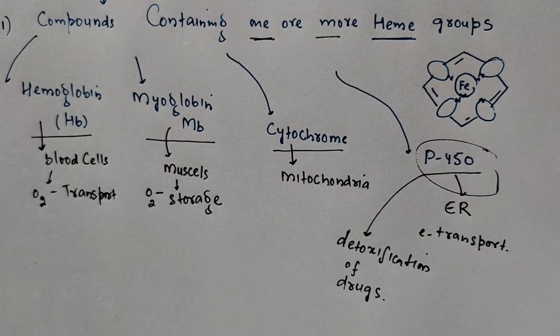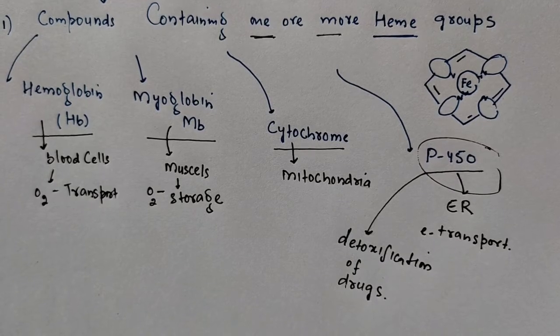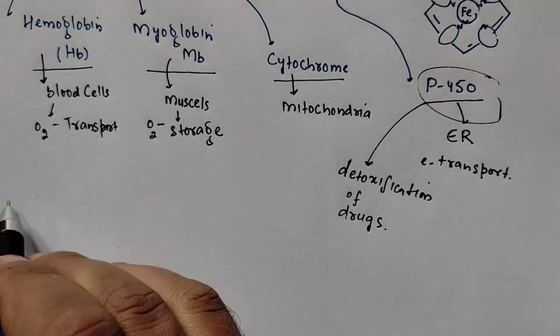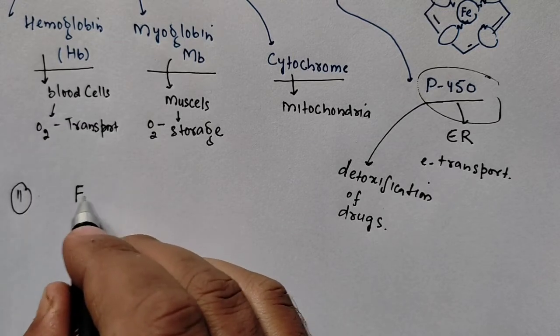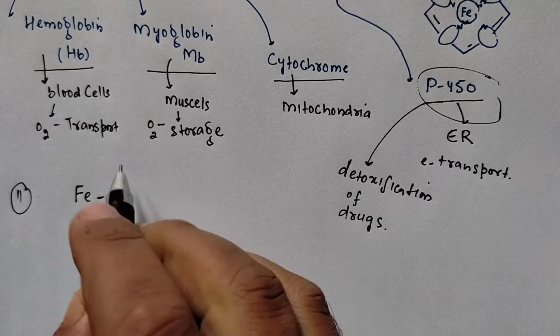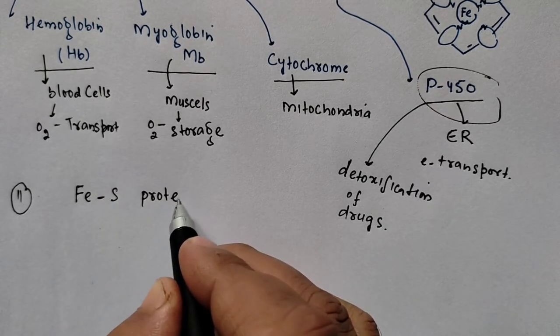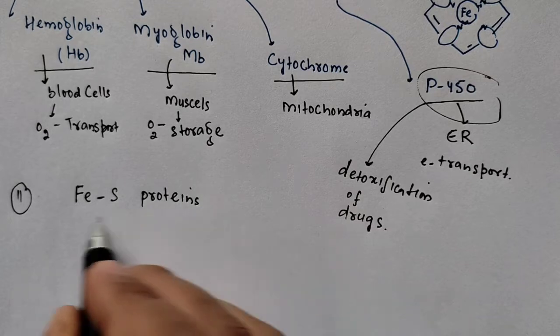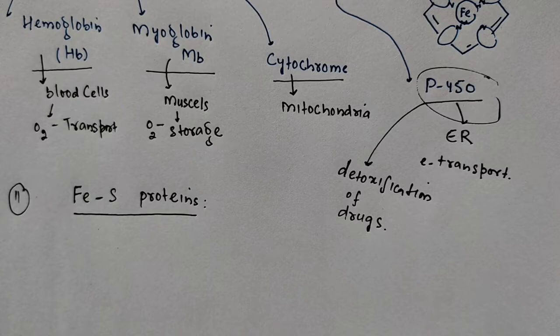This is one portion of your iron. Now if you talk about the second portion, that is point number 2, which is iron sulfur proteins. So your point number 2, when we talk about iron in the living systems, that is iron sulfur proteins. मैंने पहले भी कहा कि need not to worry about the exact structure of these molecules.